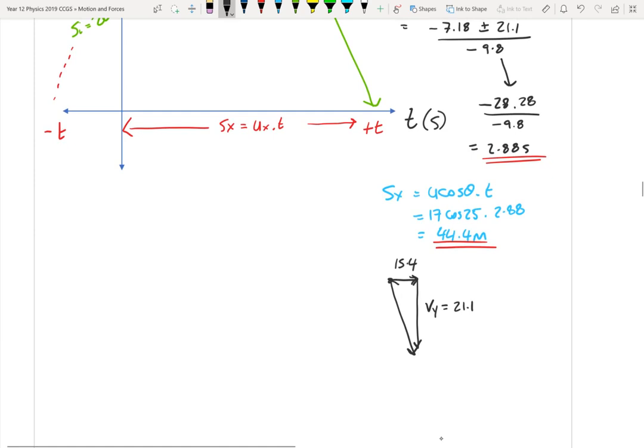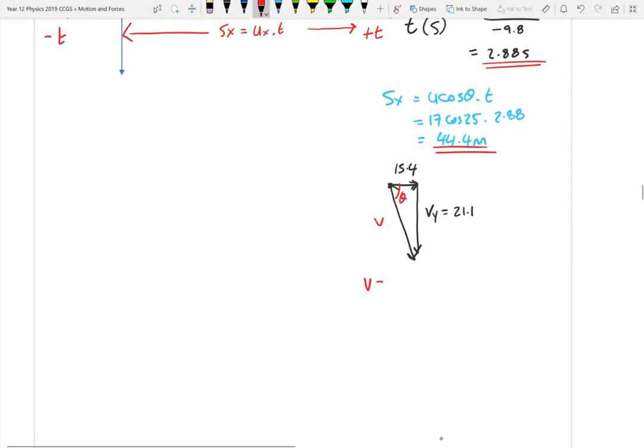Yeah, that's right. And then V and theta. So V is the square root of 21.1 squared plus 15.4 squared, which is 26.1.